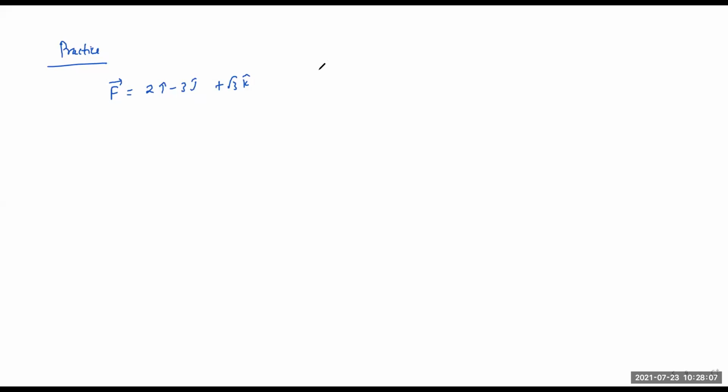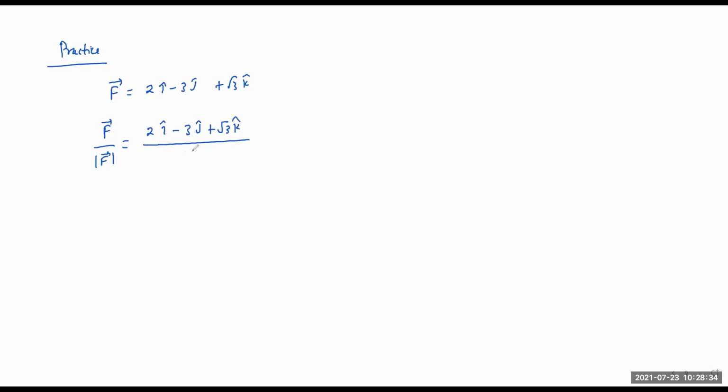It means the angle it makes with the x, y, and z axis. So to find cos alpha, cos beta, cos gamma, what can I do? I will divide the vector by its modulus. And the moment I do so, what will I get? 2i, minus 3j, plus root 3 k, and this divided by what?